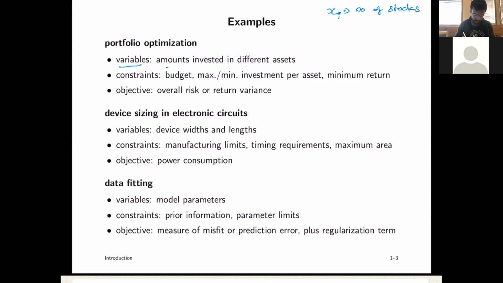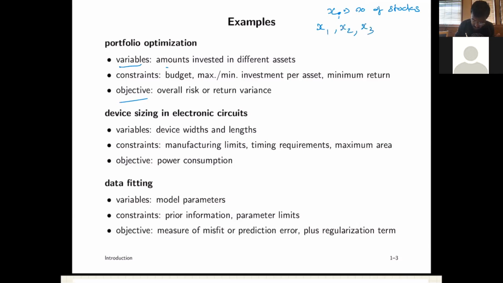So for example, here we should come up with an objective function. It could be something like you minimize the expected loss. Say you are buying two or three stocks, X1, X2, X3.